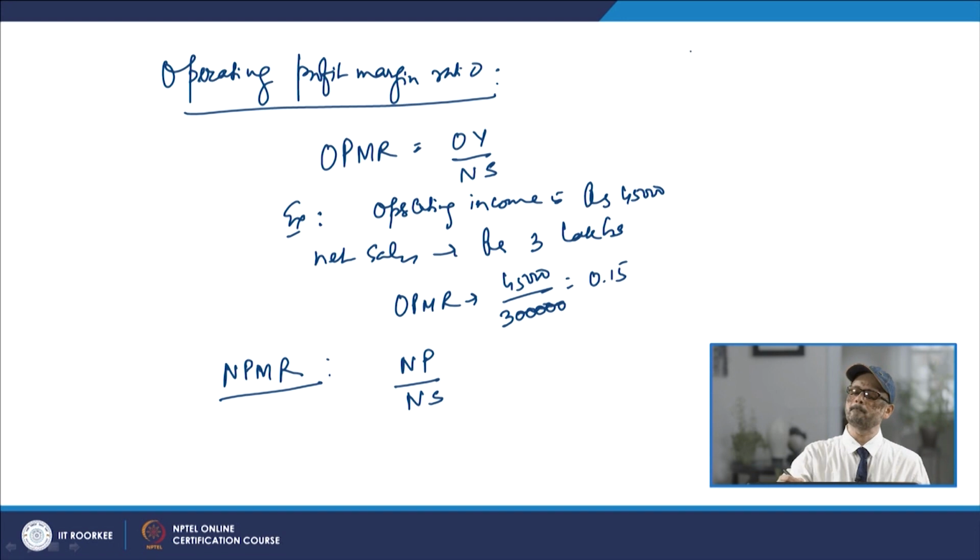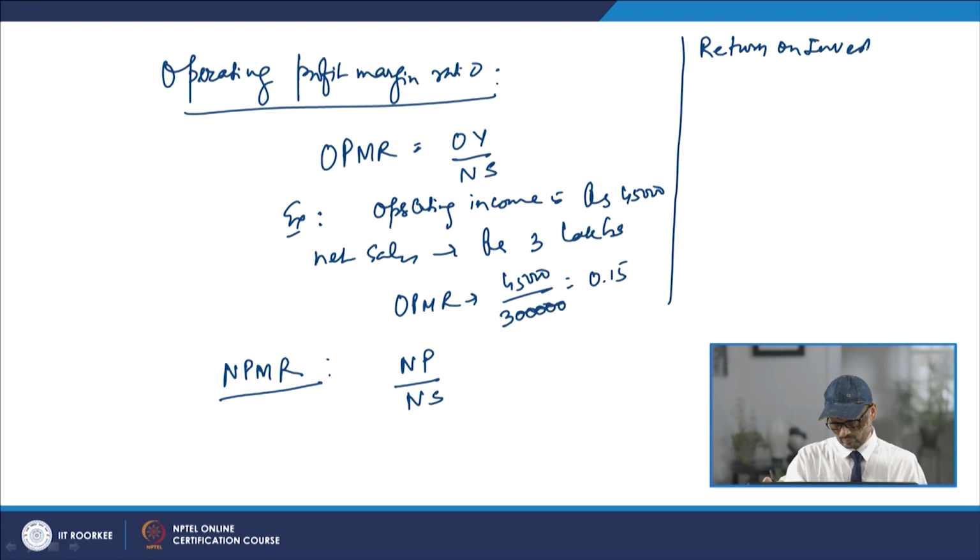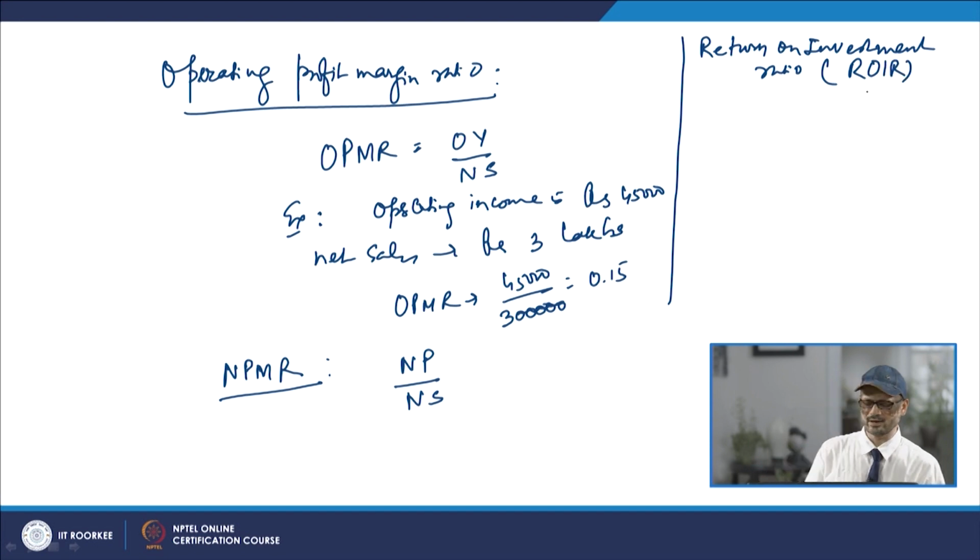Another ratio that is important is the return on investment ratio, ROIR. In this case, the net profit is compared to the total assets of the firm, so it will be the ratio of net profit to total assets.